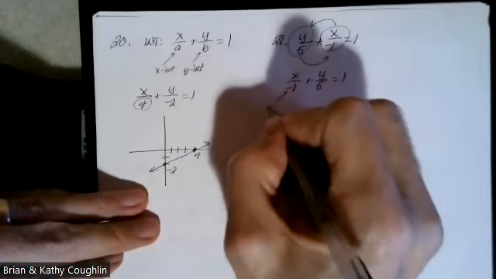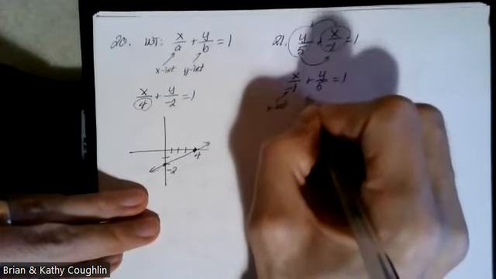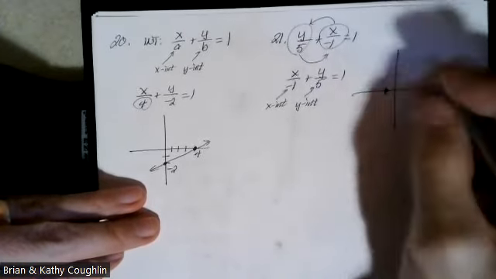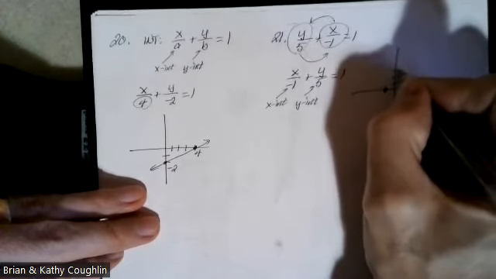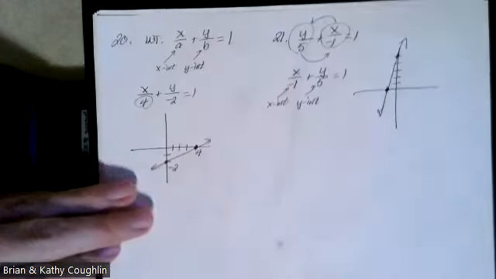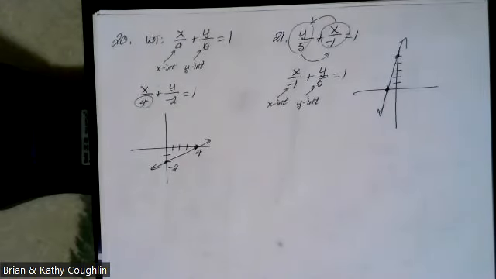That means this is the x-intercept. It's negative 1. This is the y-intercept. Let's see what that looks like. If the x-intercept is negative 1, you go to the left 1. If the y-intercept is 5, that means you go up 5. And there is your line. Okay, that one actually worked pretty well. So you got that one right, so good.